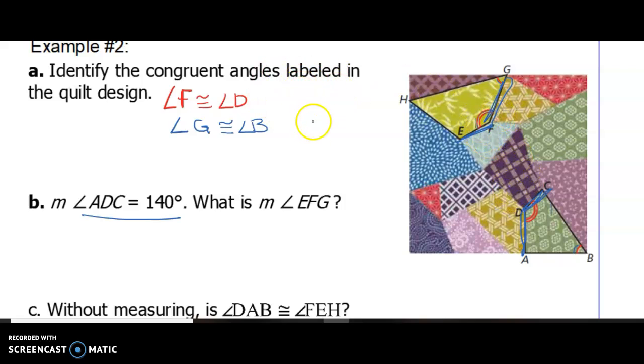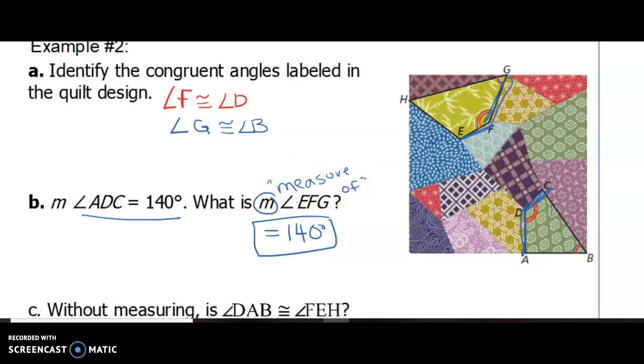And we just set up here that angle F and angle D are congruent. So if ADC is 140, what does that mean about angle F? Angle F is 140. So the measure of angle EFG equals 140 degrees. Now, guys, I probably should have said that anytime you see an M in front of this, it's just the measure of.